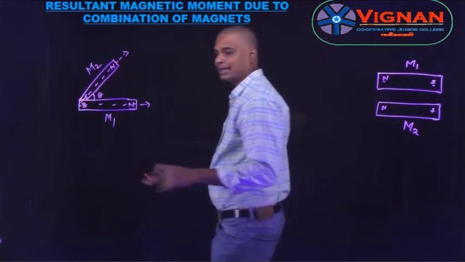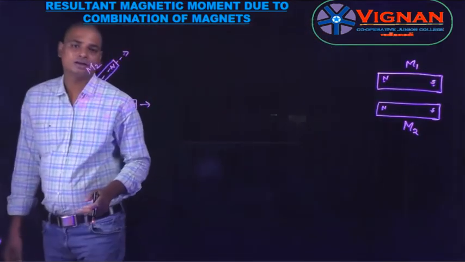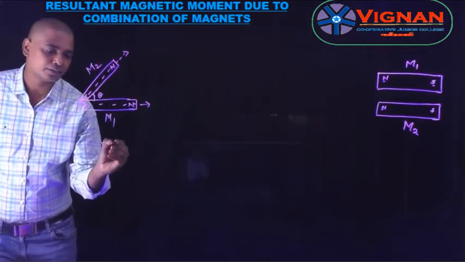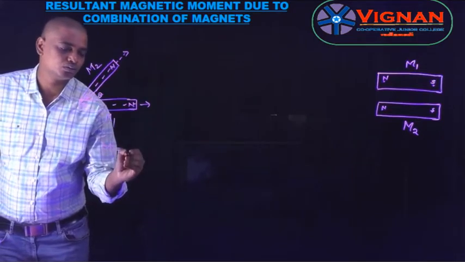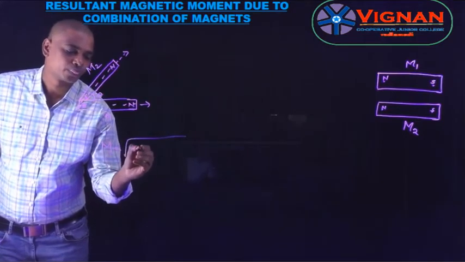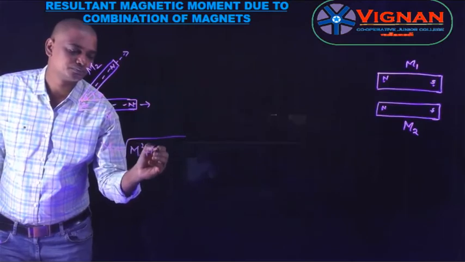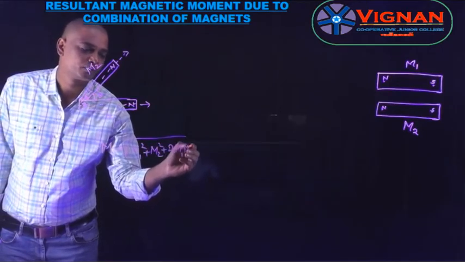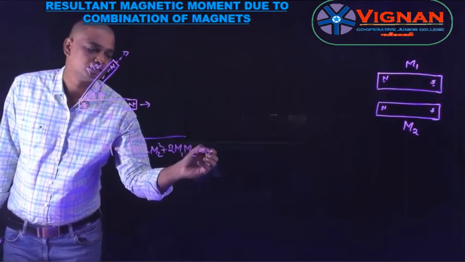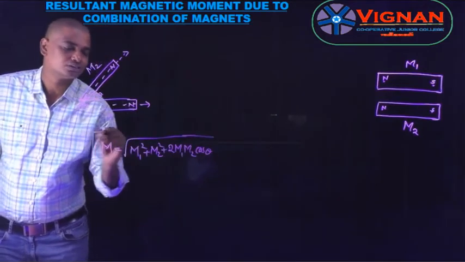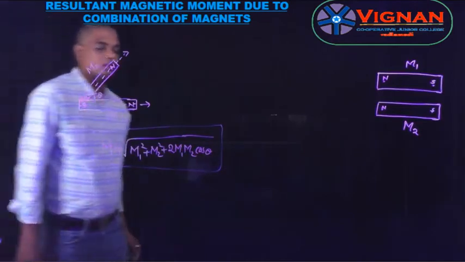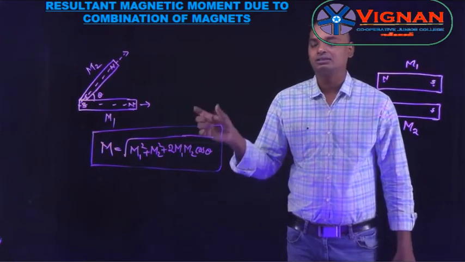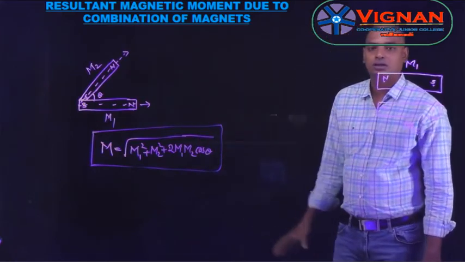So the resultant magnetic dipole moment M is equal to root over M1 square plus M2 square plus 2 M1 M2 cos theta. This is the resultant magnetic dipole moment by combining these two magnets at an angle theta such that the like poles touch each other.